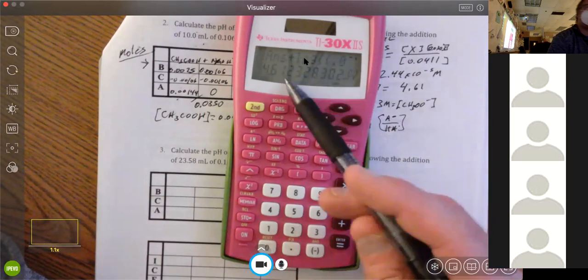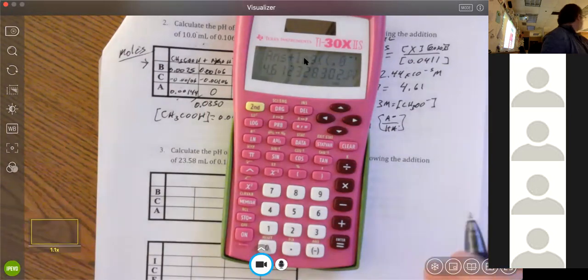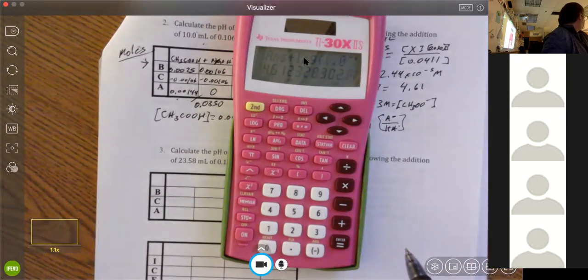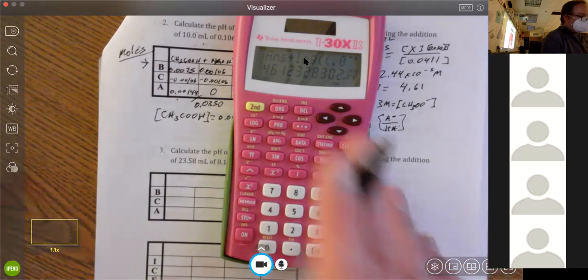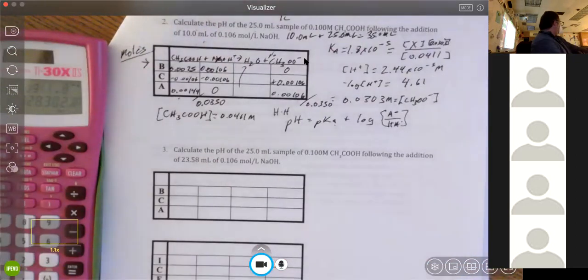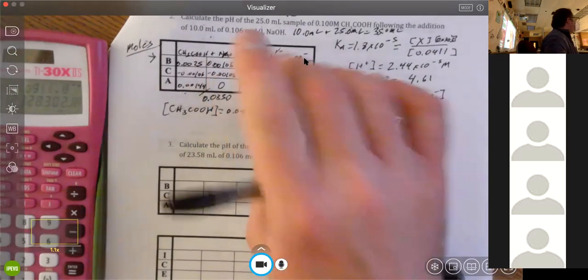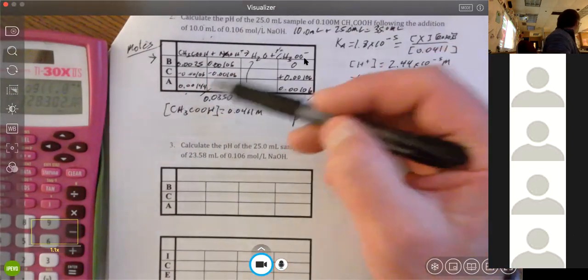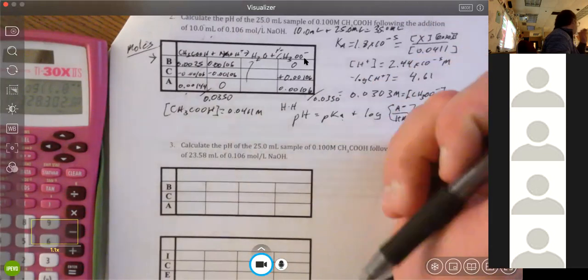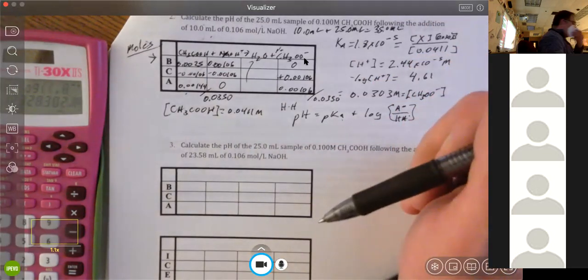And there is our 4.61. Yes. They could be in the multiple choice, but you wouldn't have to do all this math for it. It would say something like what goes in here, or something like that. It would just give you a part of it. Yeah.